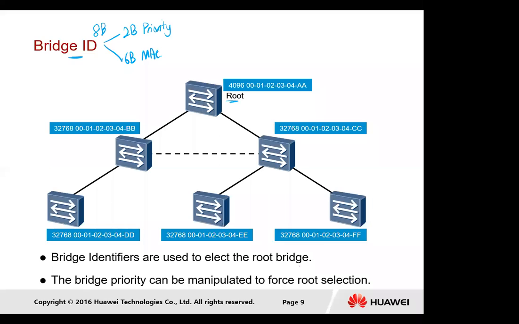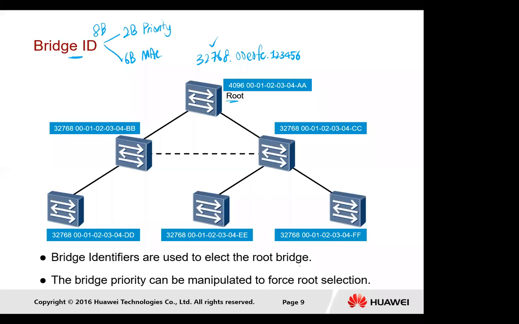And the default priority of the bridge ID is always 32768. 00E0FC is your vendor code of the MAC address, and 1, 2, 3, 4, 5, 6 is your serial number. So how do they identify who becomes the root bridge? Always, first we compare the priorities.